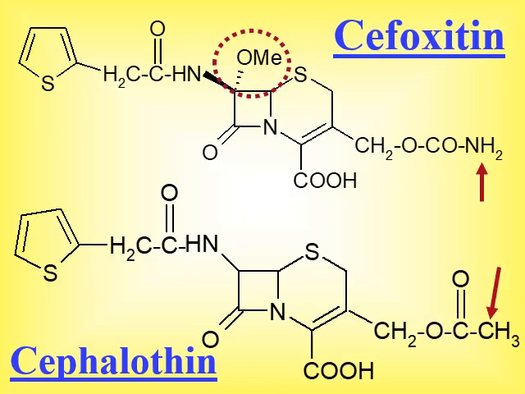Another example of the cephamycins is cefoxitin. As we see here, cefoxitin is similar to cephalothin. The only difference is the presence of 7-alpha methoxy and also the isosteric amino in the side chain instead of methyl. Up to here we have finished the beta-lactam antibiotics, which are penicillins and cephalosporins.